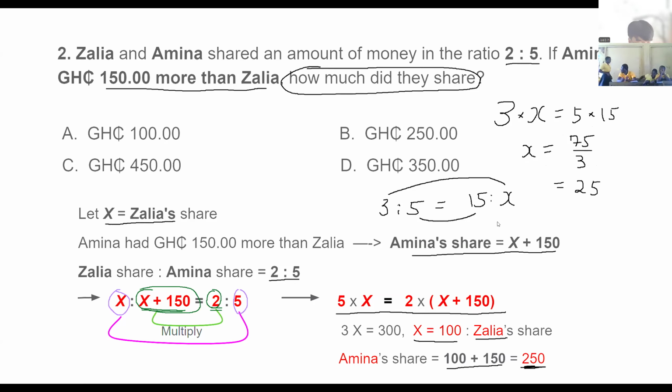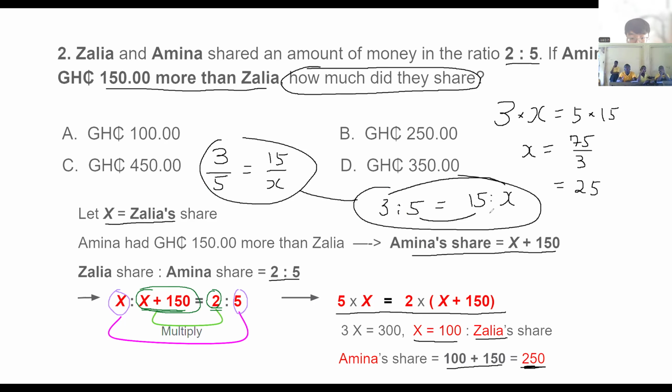That's how you find x. And always remember that ratio is equal to fractions. So you can put it in this way as well. So 3 over 5 equals 15 over x. This is the same as this ratio.